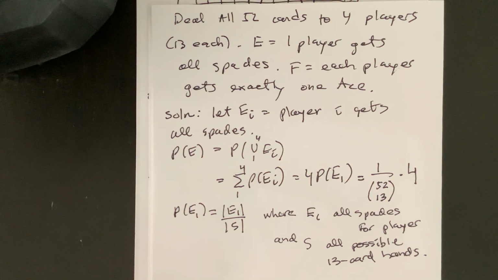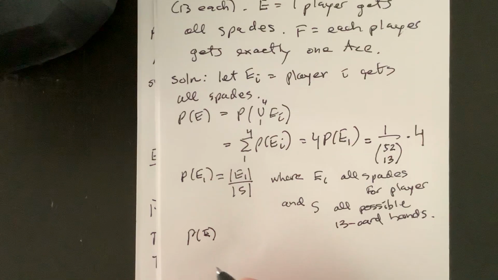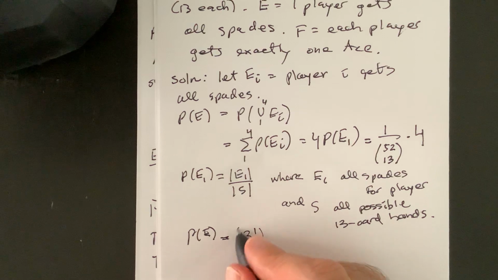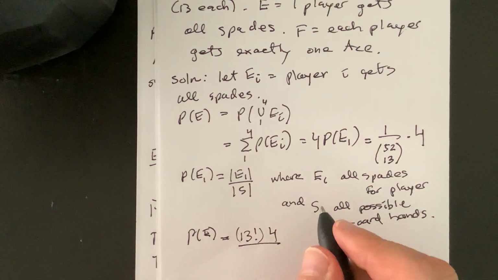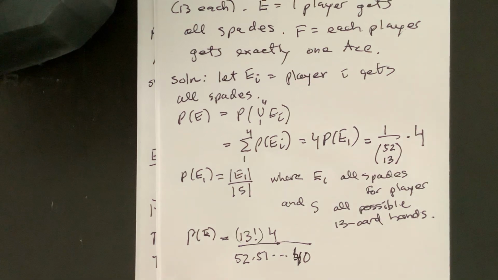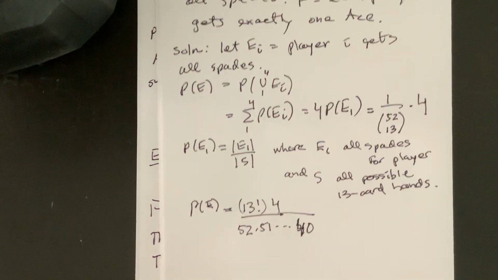Because if we do this, then P of E, I won't do it out all the way, but just to see, is going to be 13 factorial times 4 over 52 times 51, dot, dot, dot, all the way down to 40. Okay, so this is going to dominate the denominator down here, so it's going to be pretty small.